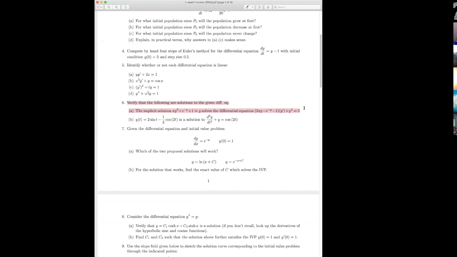This was the question. So I imagine the question might mainly be about implicit differentiation. But let's take a look at this. Let me get something to write with.